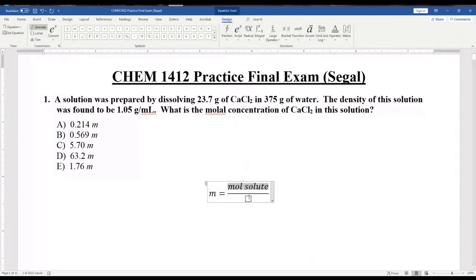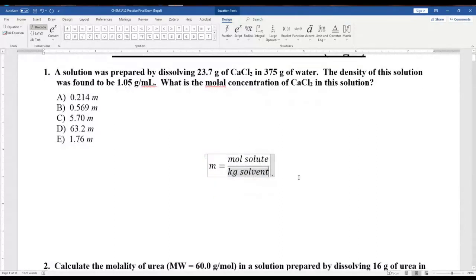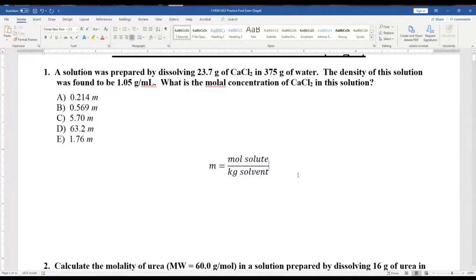I believe it was kilograms of solvent. Kilograms of solvent. So moles of solute divided by kilograms of solvent. It's different from molarity. Molarity would be moles of solute per liter of solution.